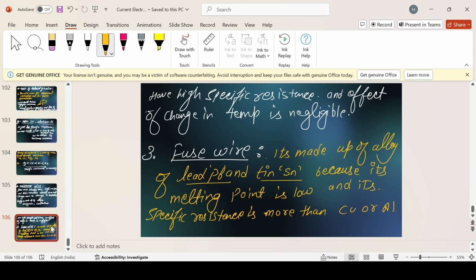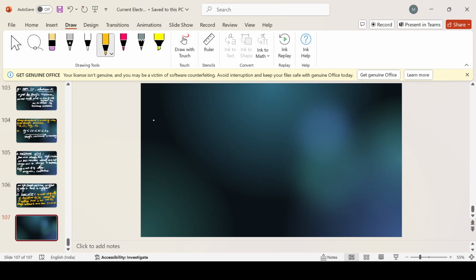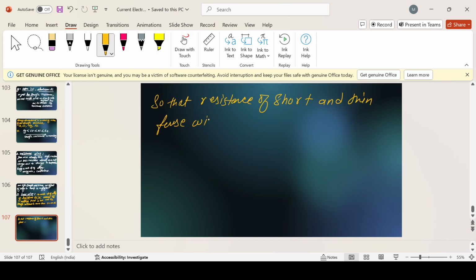Getting it? Yes, sir. So the resistance of a short and thin fuse wire is high.